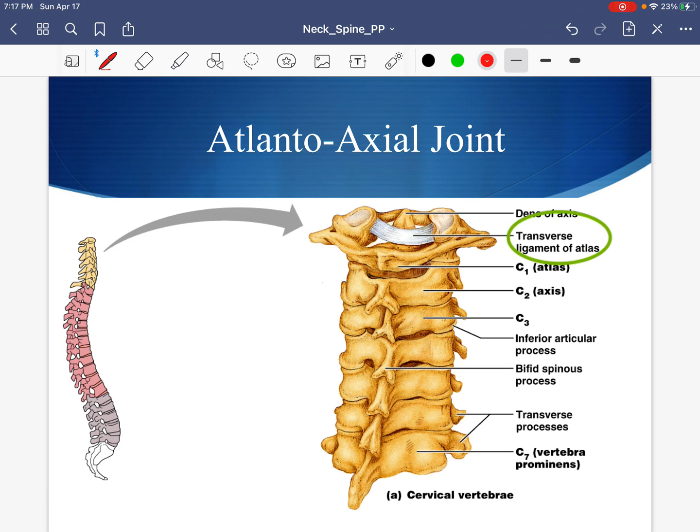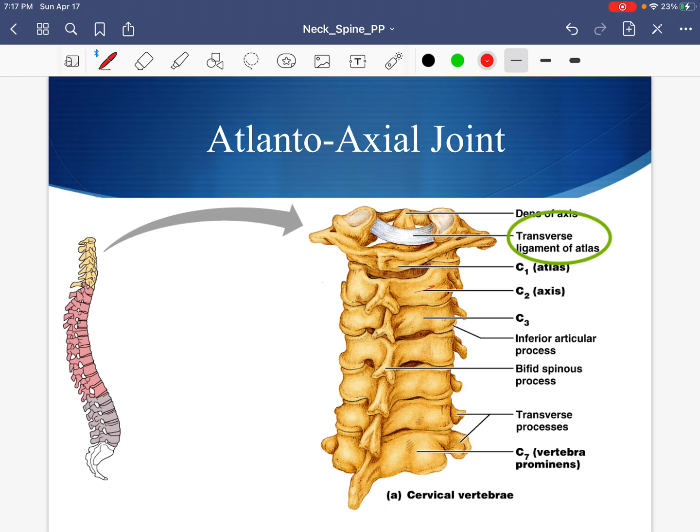Then we move down and we have the atlanto-axial joint. Sometimes even I need to rewind and just make sure I'm saying the right thing. Atlanto-axial joint. So now we have the joint between the atlas and the axis, C1 and C2.